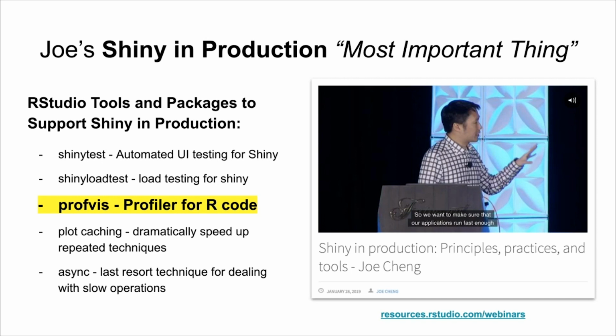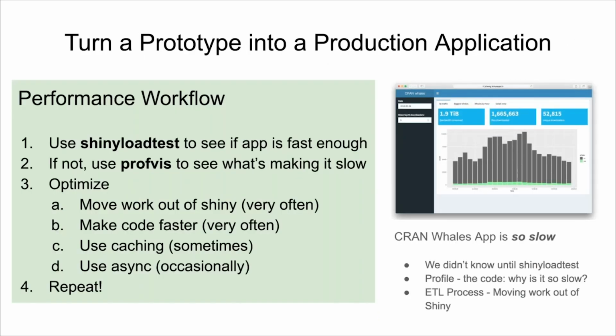So when you're trying to turn a prototype into a production application, it's important to ask yourself questions and suss out whether your application is suitable for production in its current state. Two great questions you can answer are: is this app fast enough for production? And then if it's not, what is the cause of that performance bottleneck?